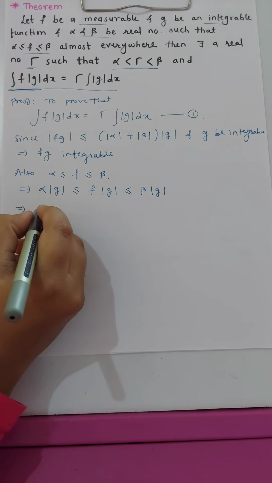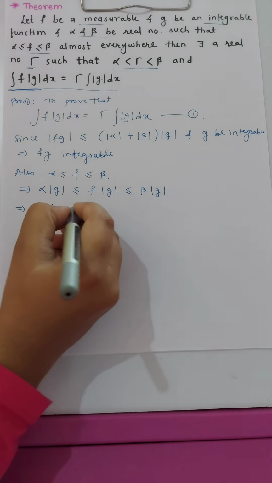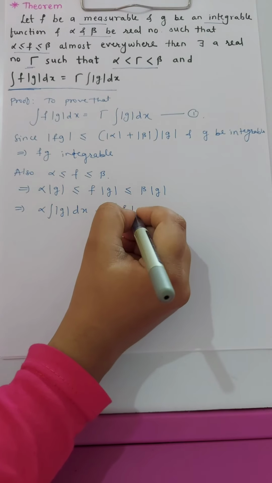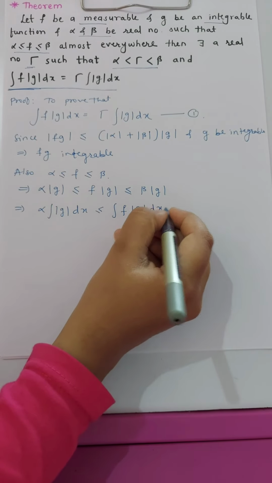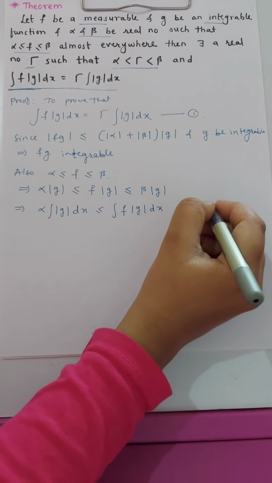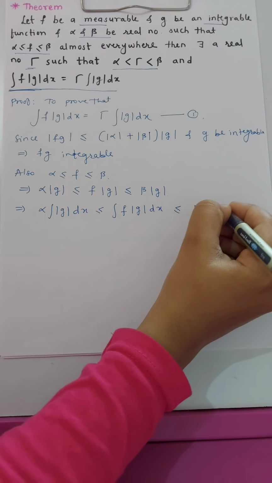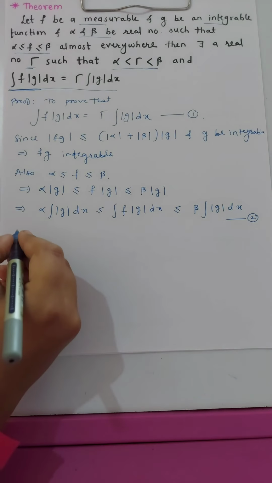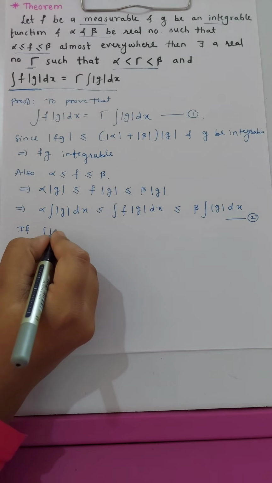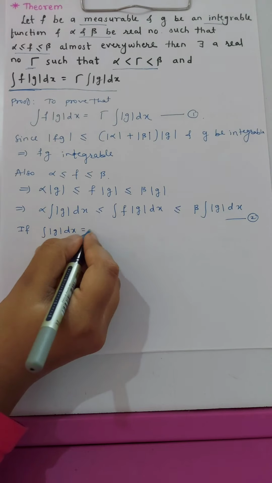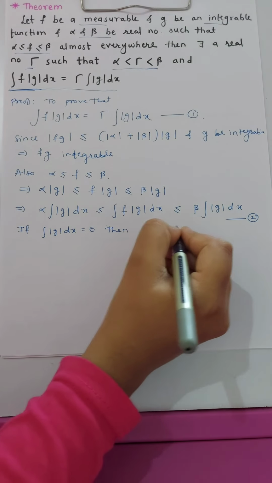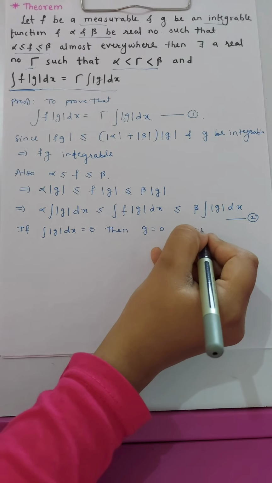So taking integration, we get alpha into integration of mod g dx less than or equal to integration of f mod of g dx less than or equal to beta into integration mod of g dx. Let it be number 2. Now if integration of mod g dx is equal to 0, then by theorem g is equal to 0 almost everywhere.